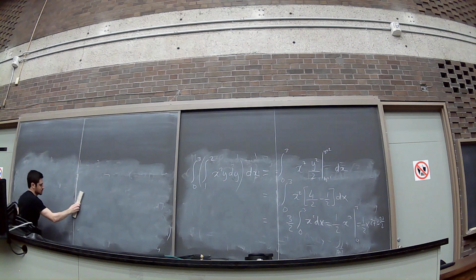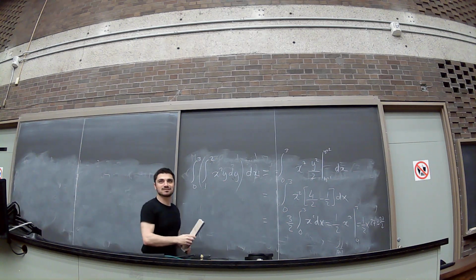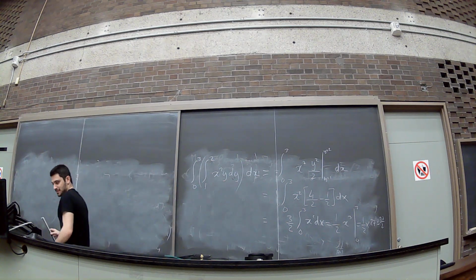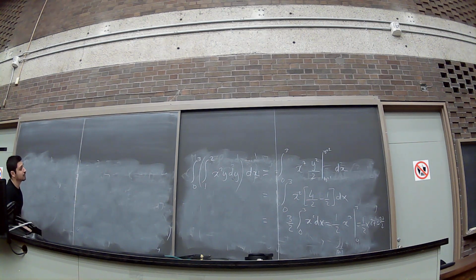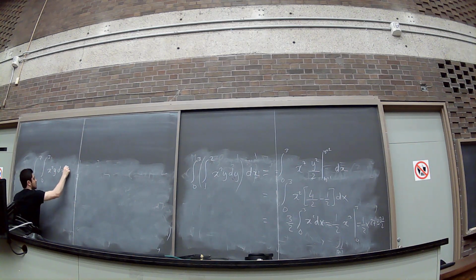It's one of the most important theorems in mathematics, Fubini's theorem. So I integrate y from 1 to 2, and then x from 0 to 3, x squared y, dx dy.